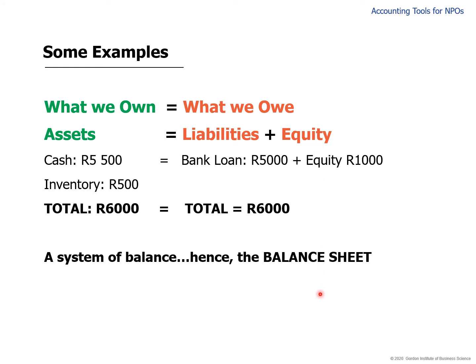Now, what is important from this exercise is to understand that when it comes to accounting and financial management, accounting transactions give rise to recording events. So every time there's a transaction, we need to record that transaction. The accounting rules tell us how to record those transactions.